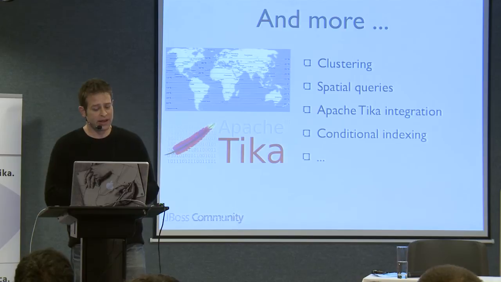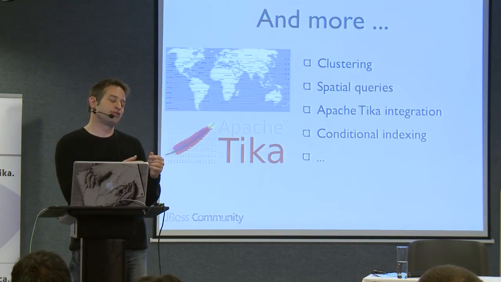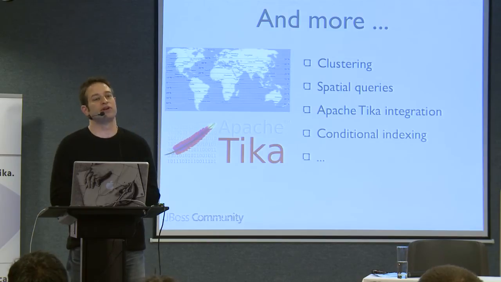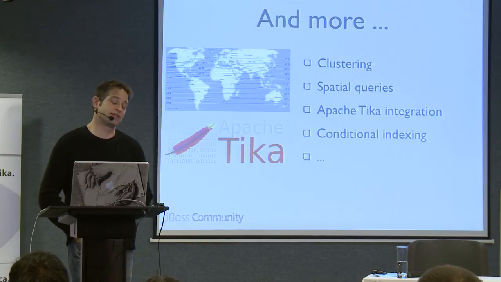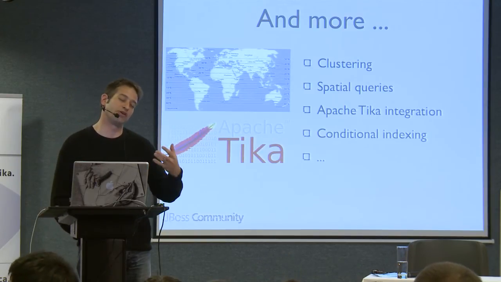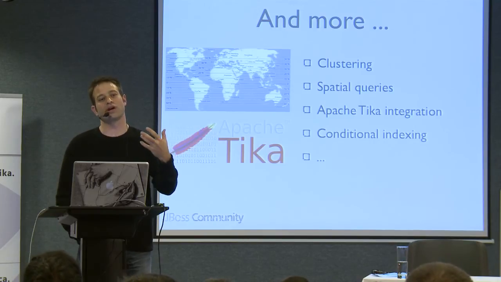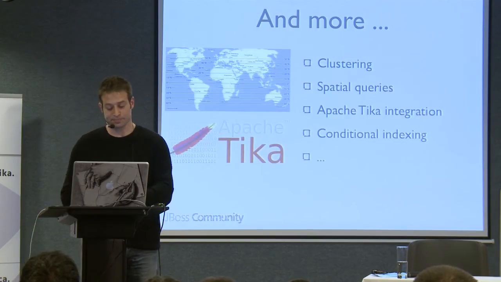So people said, we actually only want this to be indexed if the blog is published. If it's not published, don't index. So we have this conditional indexing where you can implement an interceptor and check your entity. Oh, hang on, this blog entry is not published. Oh, okay, let's not update the Lucene index.